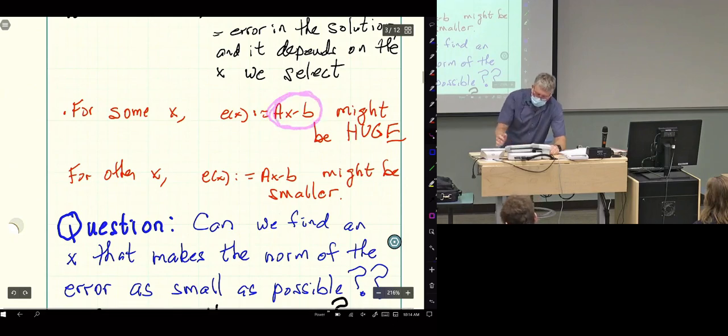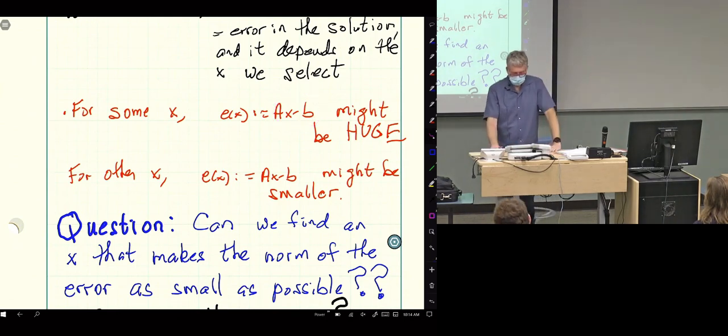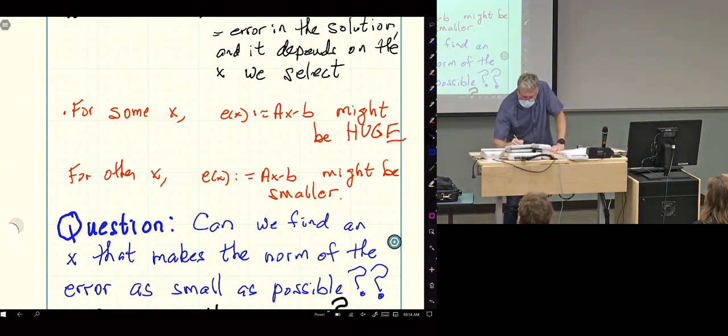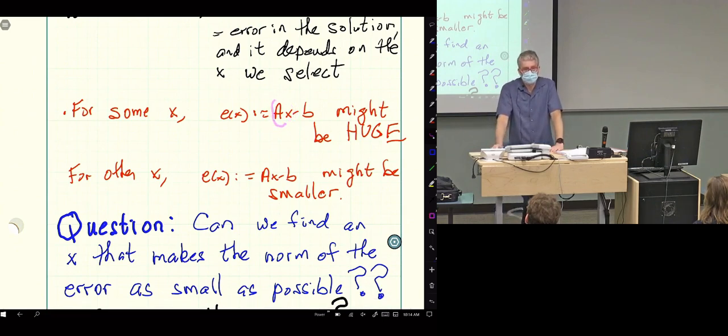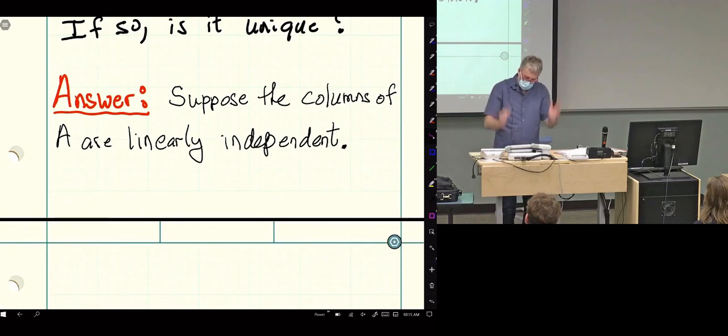So we just moved the b to the other side so that 0 is, you know, if we got 0, we'd have a solution. And if we get e small, that's a really good solution perhaps, okay? But we know that when we're looking at things like this, we need the columns of A to be linearly independent for uniqueness to happen, okay? So that's where that comes from. If there's going to be any kind of uniqueness for what the product A times x is, the columns of A have to be linearly independent. So it's like a minimal hypothesis here. Our hypothesis: suppose the columns of A are linearly independent.